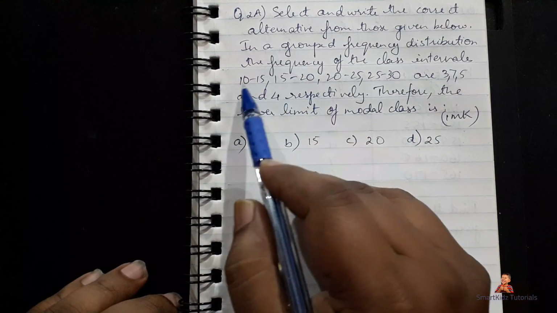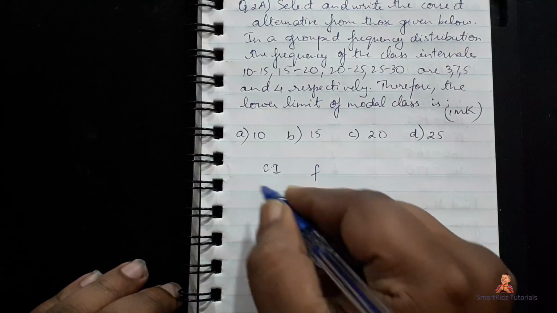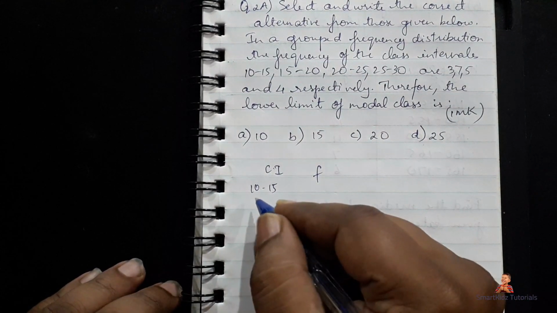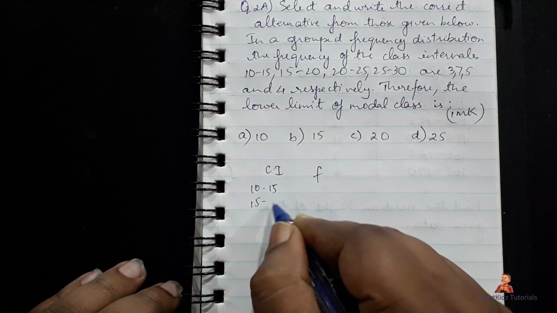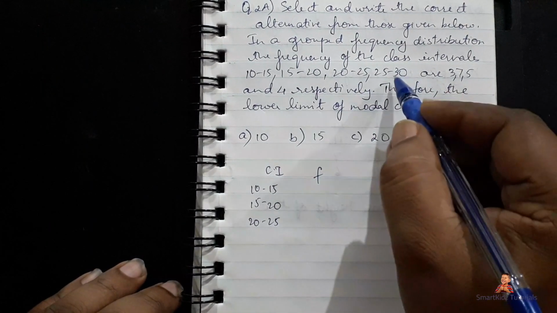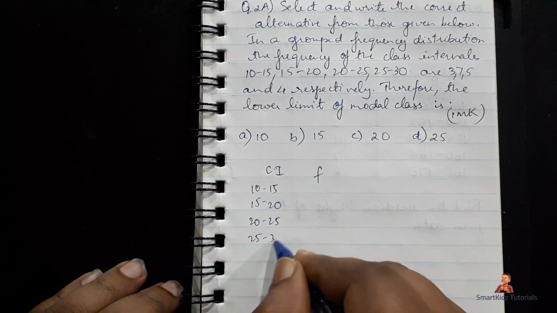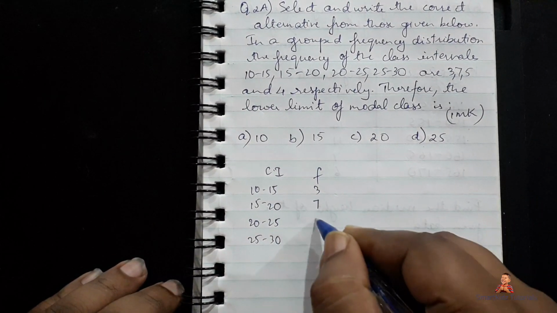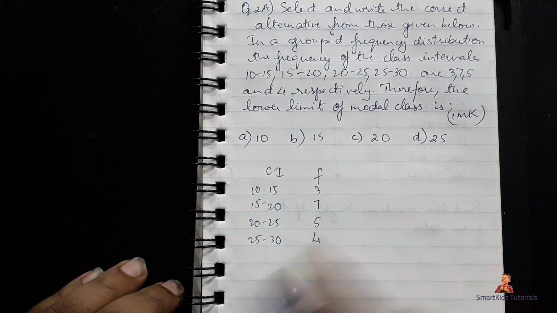The class intervals given to us are 10 to 15, then 15 to 20, 20 to 25 and 25 to 30. The frequencies given are 3, 7, 5 and 4.